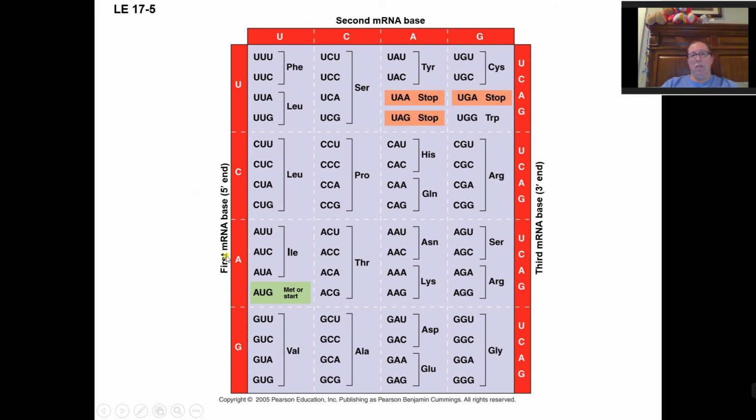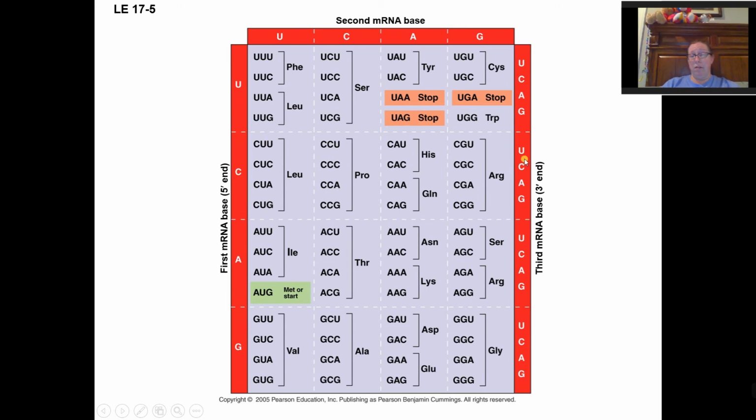So this is the first base, right? A codon is 3, so this is the first letter, the second letter, and the third letter. This is how you read this chart. If the first letter is C, I look in the C. If the second letter is a U, I look this way, and then I look for the third letter.